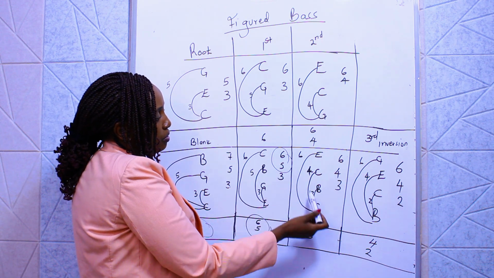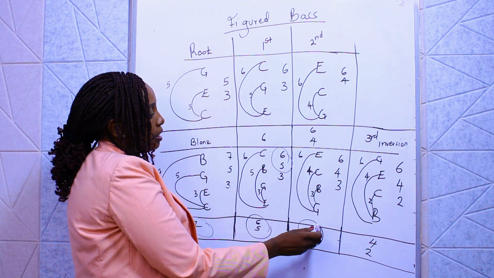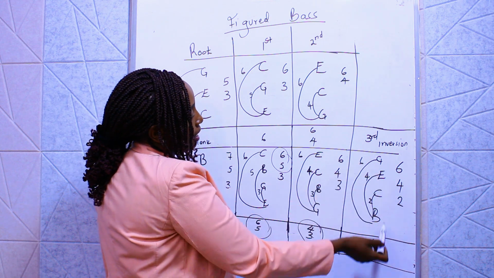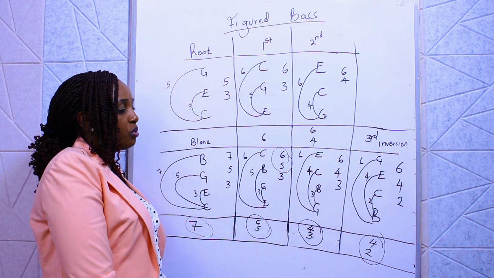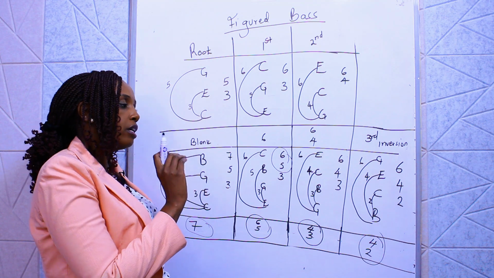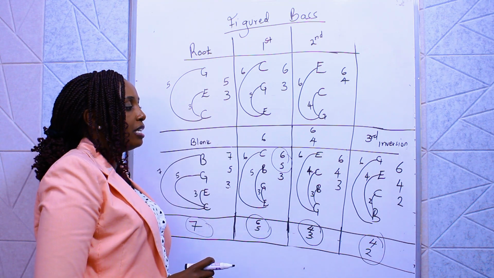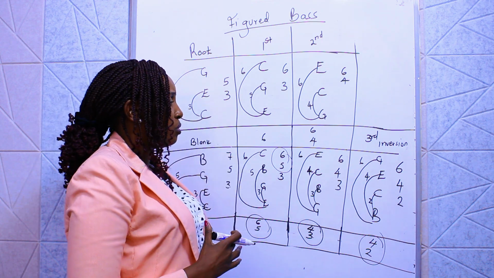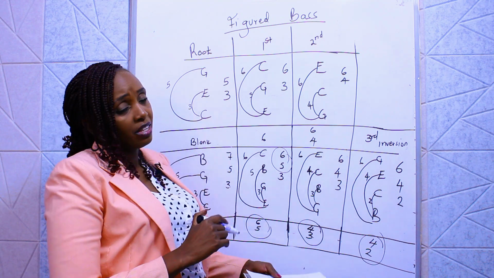And then for the second inversion, the figures will be 4, 3, and then the third inversion are 4, 2, and that's how you're going to form the chord. In case you're given the bass notes, you're going to arrange them in that. You're going to arrange your voices or your keyboard in that manner, given that bass line.